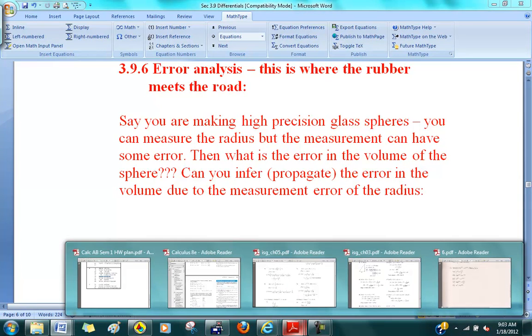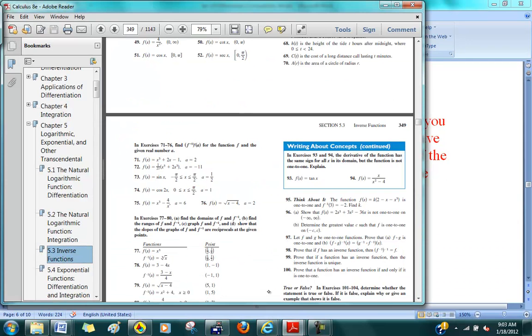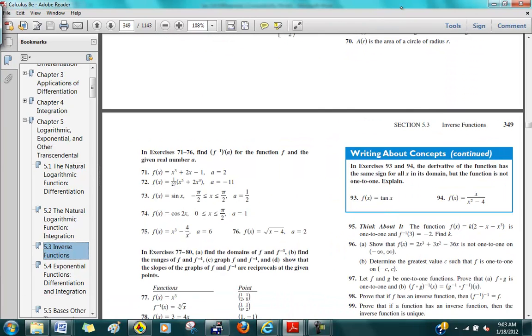Okay, sorry, which one was that? S, which one? 17?